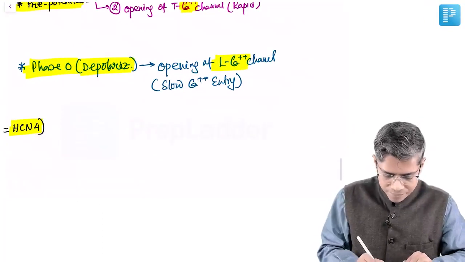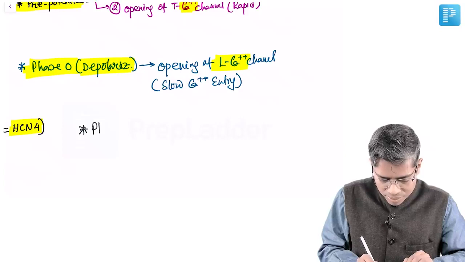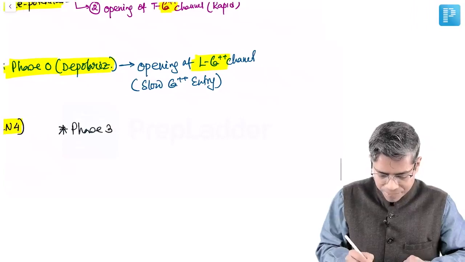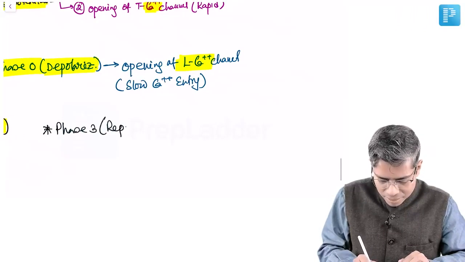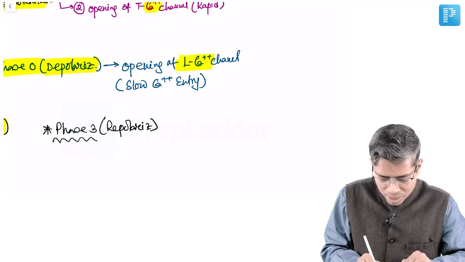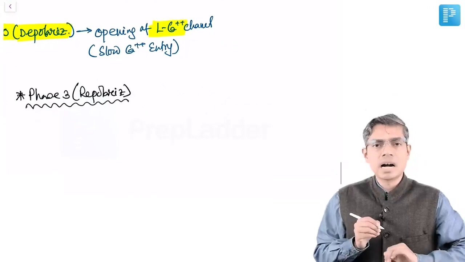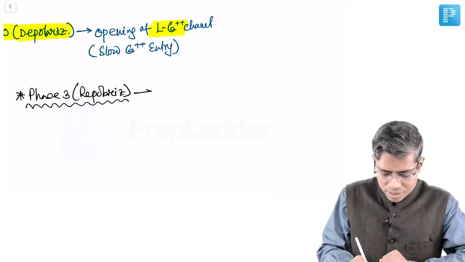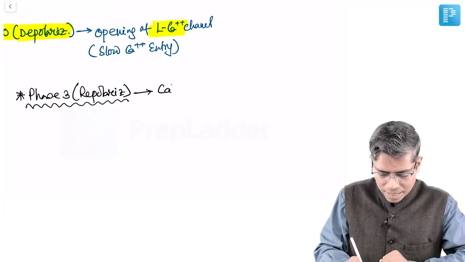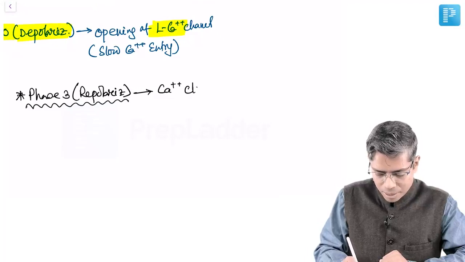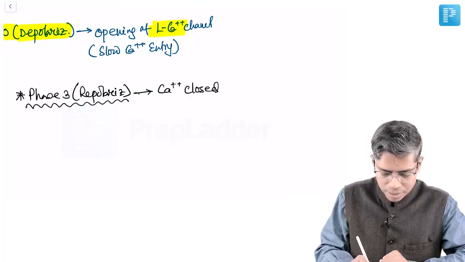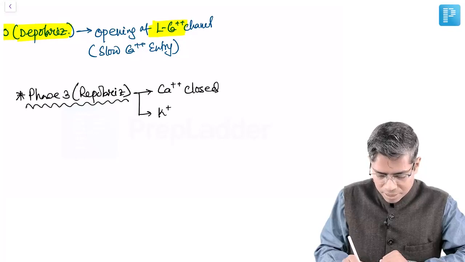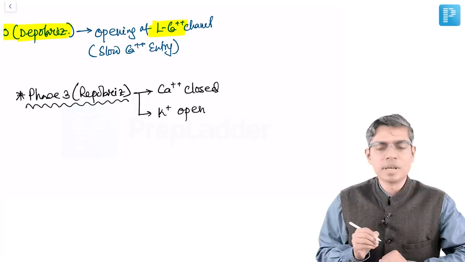So I'm writing here the ionic basis of phase number 3, that is the repolarization phase. If you compare with the normal myocardium action potential, the ionic basis is absolutely similar. That is, the calcium channels are closed and potassium channels are still open, right?